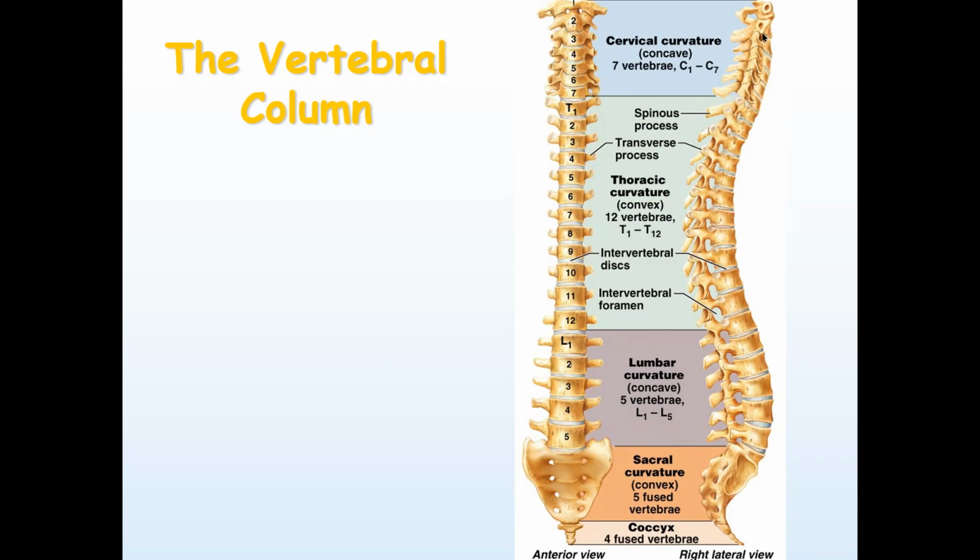I also want you to notice that this part of the vertebral column has what we call a concave curve, right? What do I mean by that? It curves out like that. I've made it a little extreme, but it's like this. Now, the thoracic part, which of course is your chest, also has a curve, and that curve is going to be convex. So when you look at it, it curves that way.